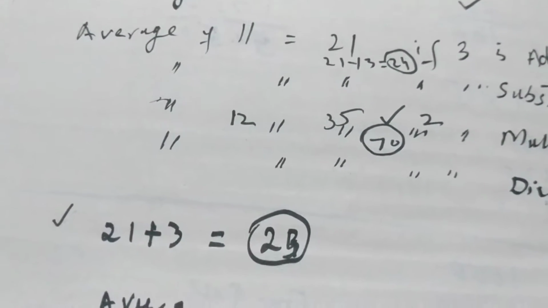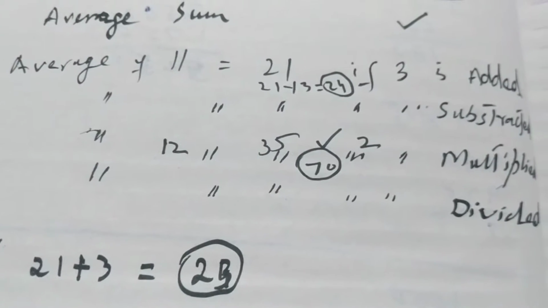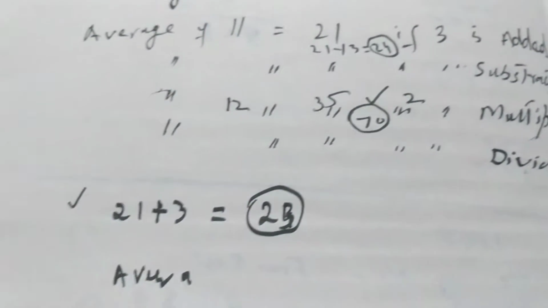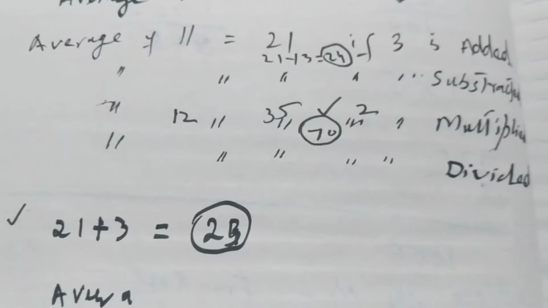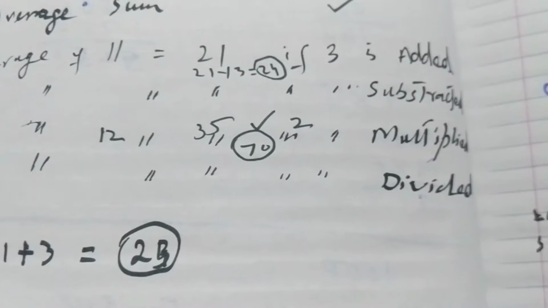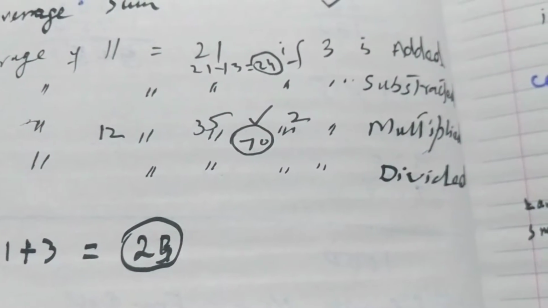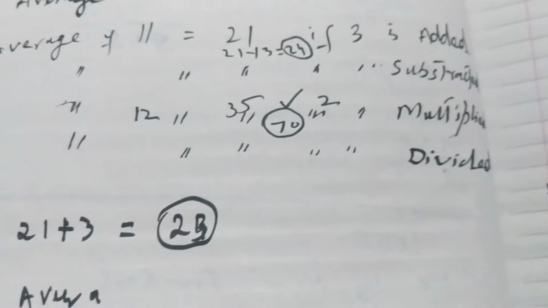Next is average of 11 is equal to 21 if 3 is subtracted. Similarly, average of 12 is equal to 35 if 2 is multiplied. When 35 is multiplied by 2 the answer is 70.